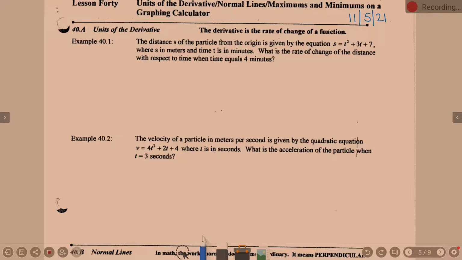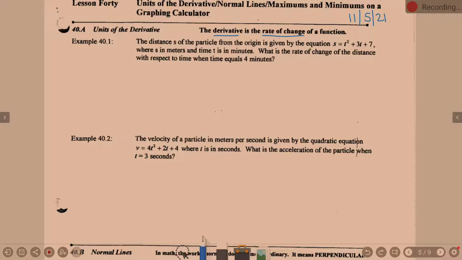The first thing we're talking about is units of the derivative. When we talk about the derivative, you know it as the slope of the tangent line. You see slope, you've got to think derivative. What's key to know as we go through problems is that the derivative is the rate of change of a function, kind of like slope is rate of change.